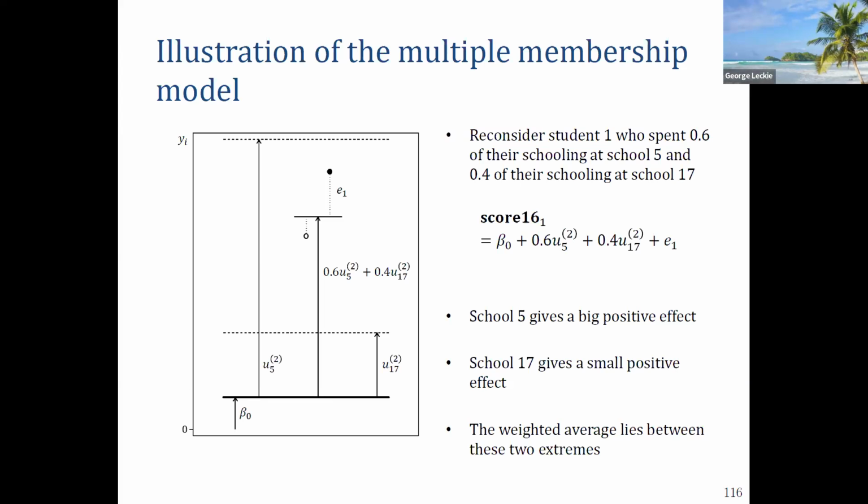And you can see it's 60% of the way towards school 5. So it's not bang in the middle, and that's what that is. 0.6 times U5 plus 0.4 times U17 takes you there.